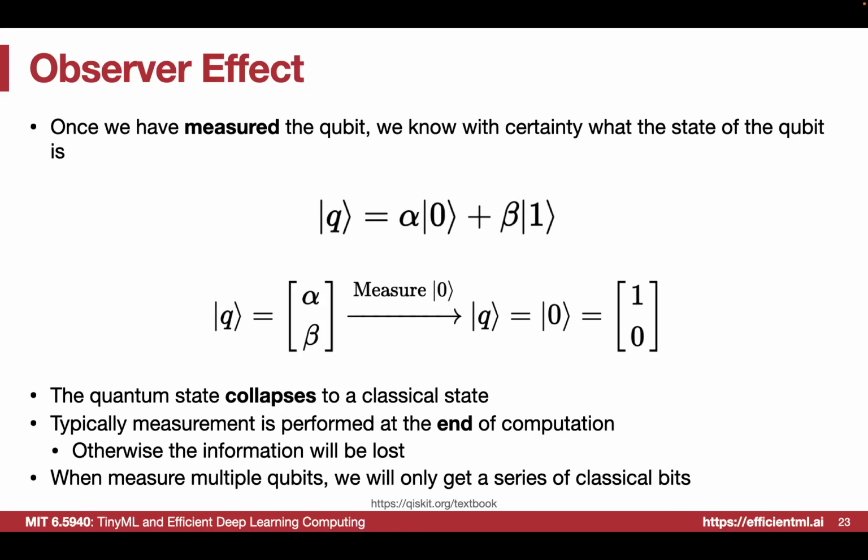If we measure on the 0 and 1 basis and obtain 0, the whole system will collapse to this classical state. That's why we typically have the measurement at the end of the computation, because if you do it in the middle, everything will collapse and you will not get any meaningful result. That is also very different from classical computing.